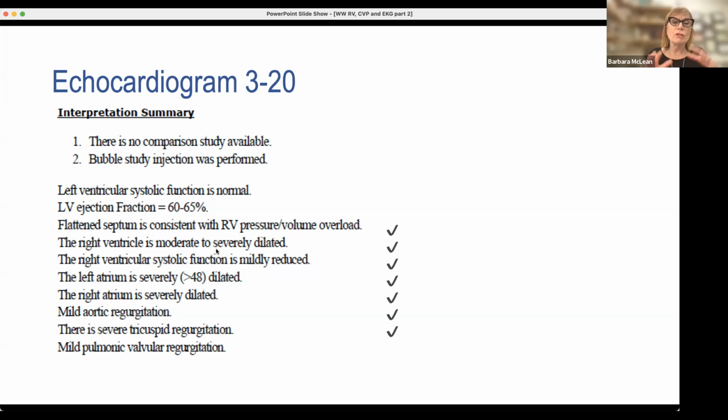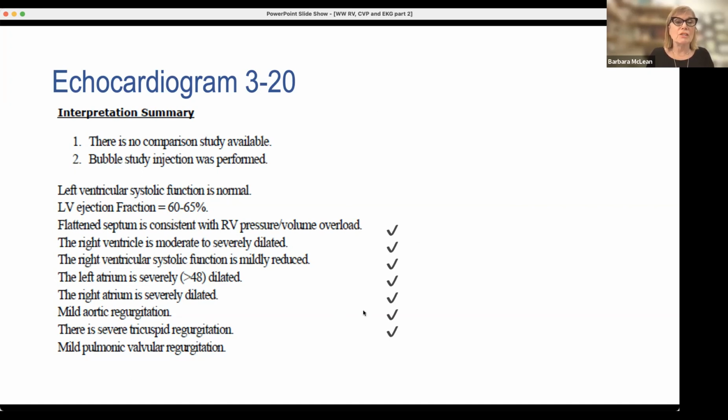RV systolic function is reduced. Her left atrium is severely dilated because she has presumably either mitral regurg or mitral stenosis, and that's why her LA is dilated. Because her LV is fine, but the right atrium is severely dilated.